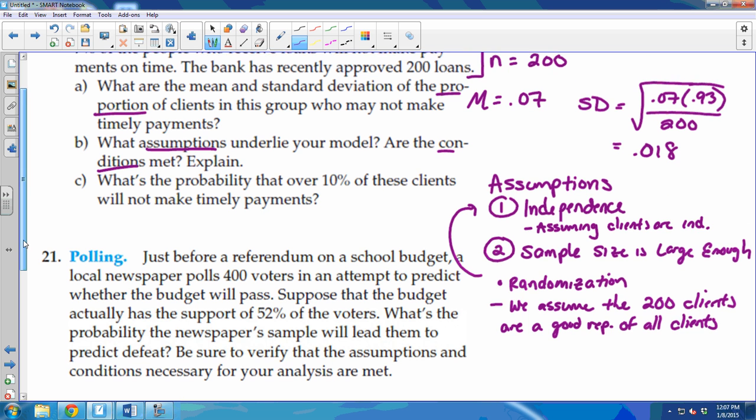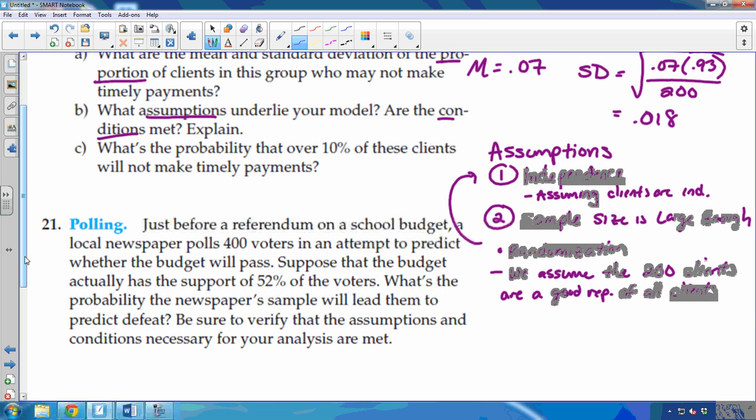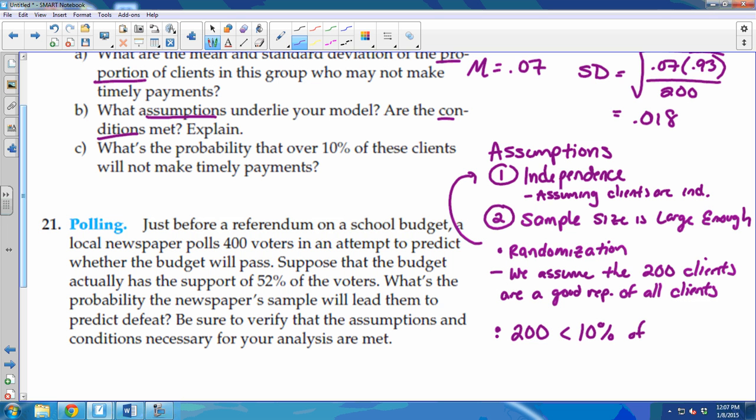What's another condition? Success, failure, there's one more. 10%. So 200, hopefully, is less than 10% of all clients. That also backs up independence. If you got into a sample size that was too large, then those events may or may not be independent.